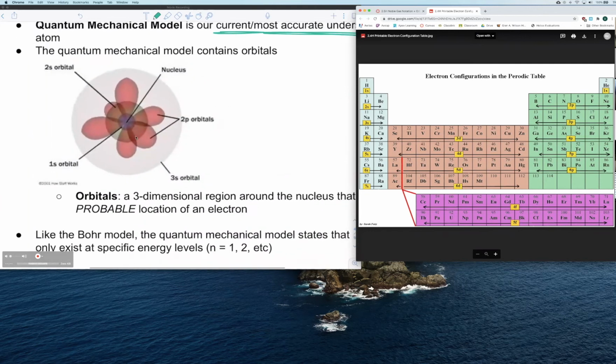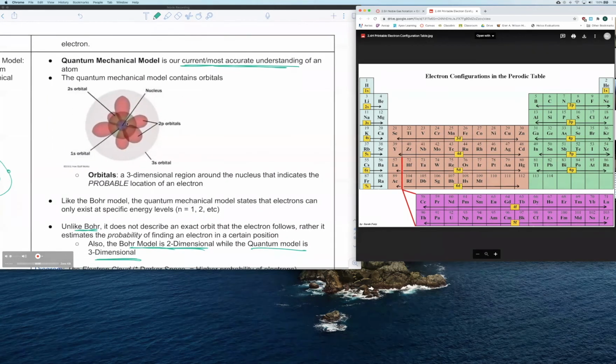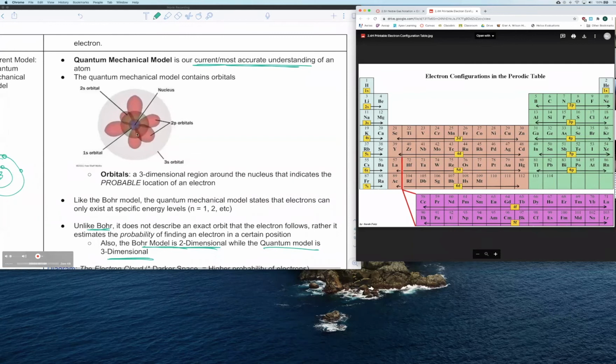So electrons actually move in all these different types of shapes. For the 1s orbital, the electrons would be moving in a sphere. In a 2s orbital, electrons would be moving in a bigger sphere. And then when you get to the p orbitals, the electrons move in kind of a dumbbell or figure 8 shape. So they're moving in these three-dimensional shapes.